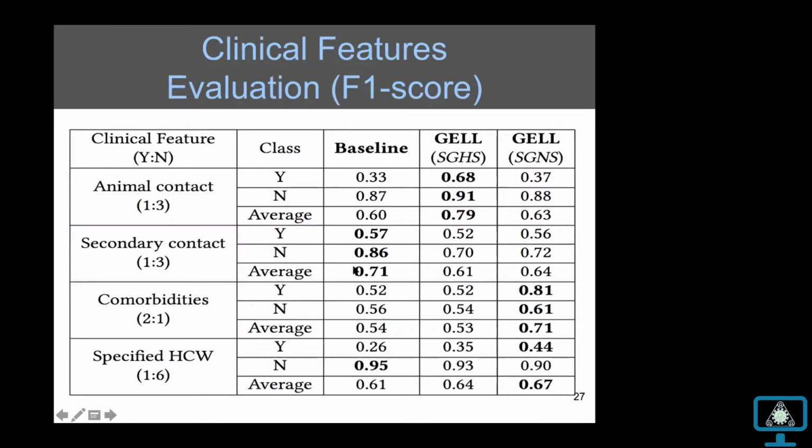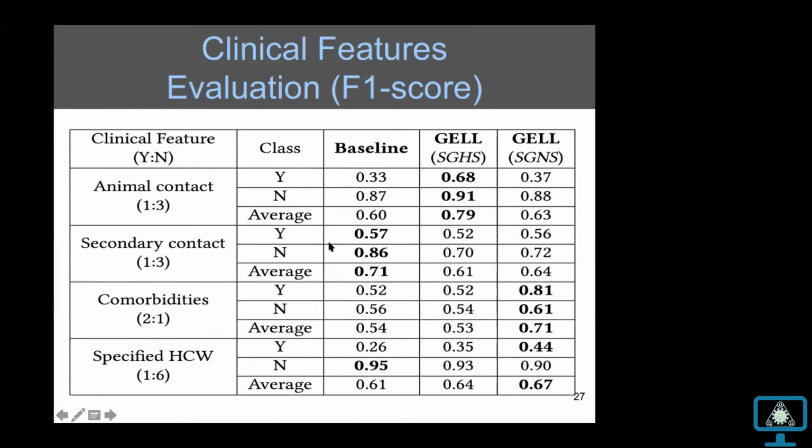Here's some discussion in terms of the clinical features. So remember, clinical features are like the highest level of information extraction we are interested in, which is, did the patient come in contact with animals? Did they have other secondary contact, relations to healthcare workers, comorbidities, and so on? And you can see here, overall, GEL is very good at extracting comorbidities and relation to healthcare workers and so on, even animal contact.